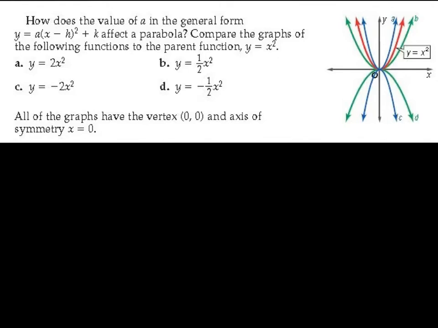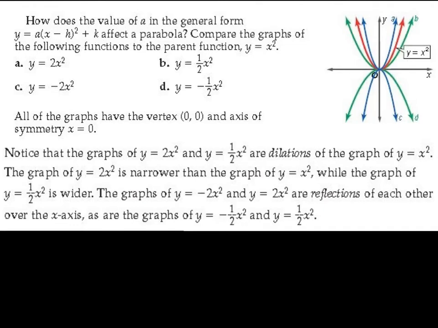We have a, y = 2x², b, y = 1/2 x², c, y = −2x², so it's the same shape as positive 2x², just a different direction. And the same thing for d, y = −1/2 x² also opens down and is as wide as 1/2 x² was. All the parabolas have a vertex at the origin and an axis of symmetry of x = 0.